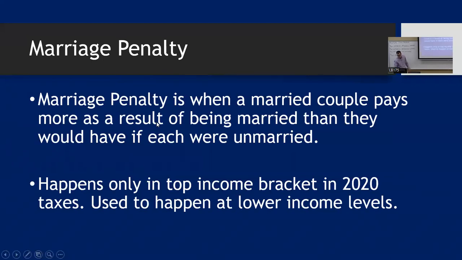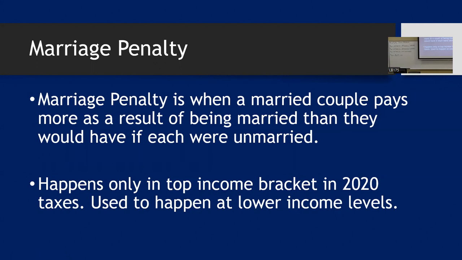All right. So the marriage penalty is when a married couple is going to pay more in taxes as a result of being married than they would have if each were unmarried. And by the way, married filing as individuals is actually usually worse than married filing jointly in those high tax brackets.